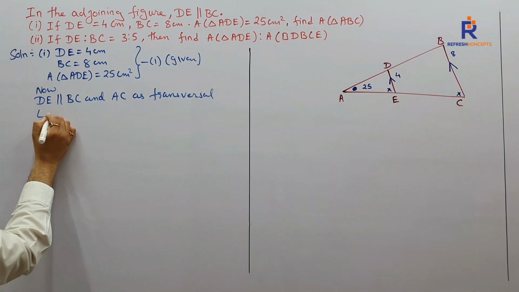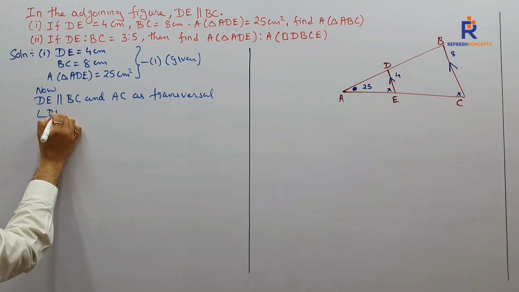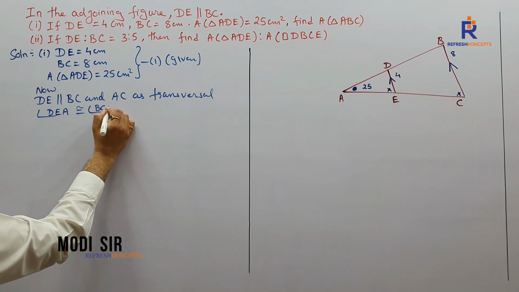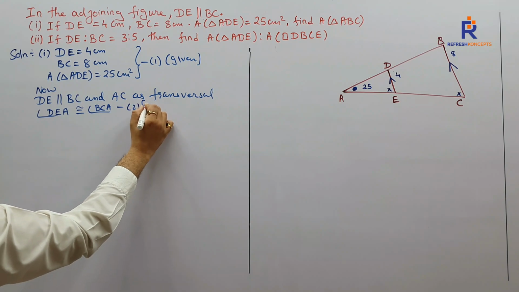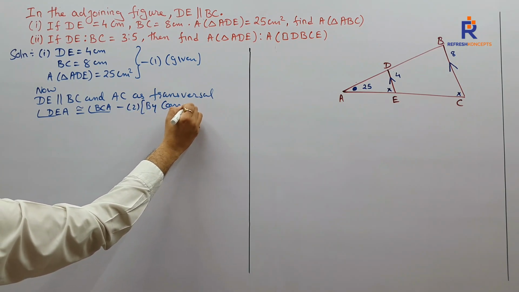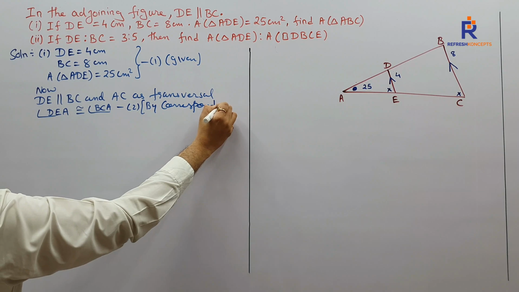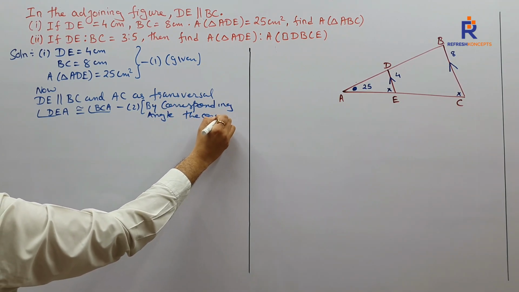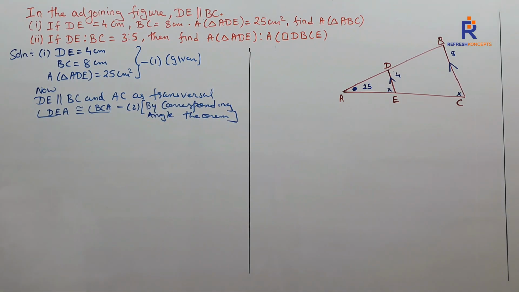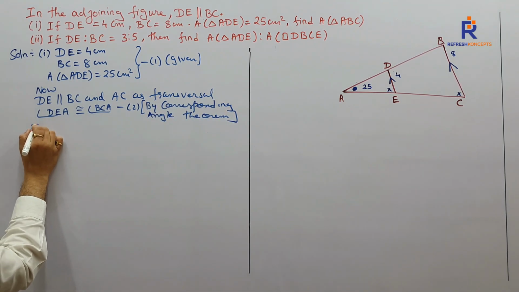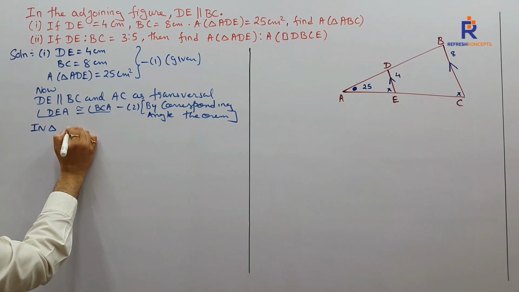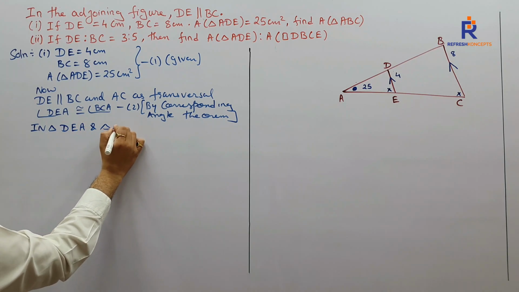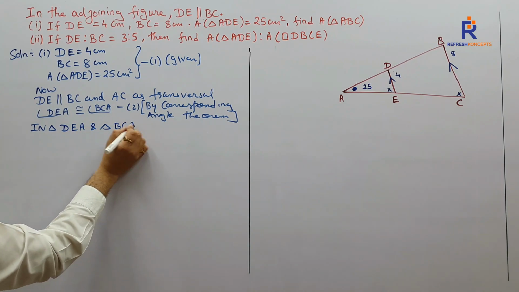Can I say angle DEA is congruent to angle BCA, equation number 2, by corresponding angle theorem? With this, we would like to switch over to the triangles. Which triangles? In triangle DEA and triangle BCA, what can we say?